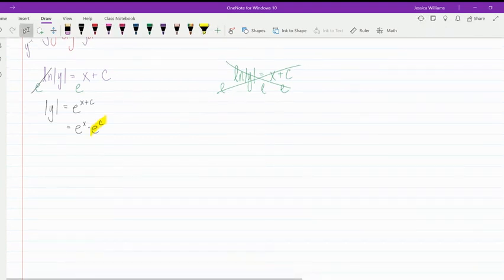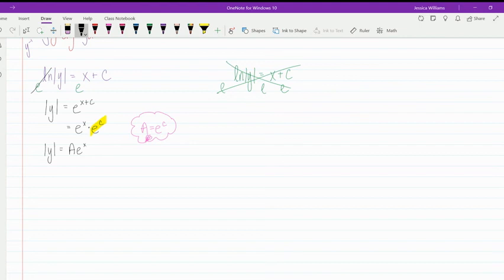So instead of writing a constant to a constant, which feels unnecessary, a lot of books, a lot of places, if you see this in multiple choice answers, we'll just call it a. So what you really have here is absolute value of y equals a e to the x. And then to get rid of the absolute value, we just throw a plus or minus over here. And I don't know if it's plus or minus. Okay, so that would be the general solution.